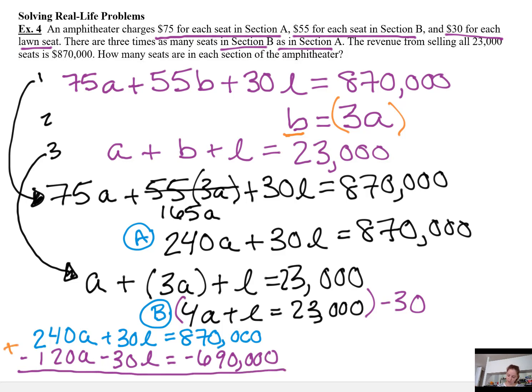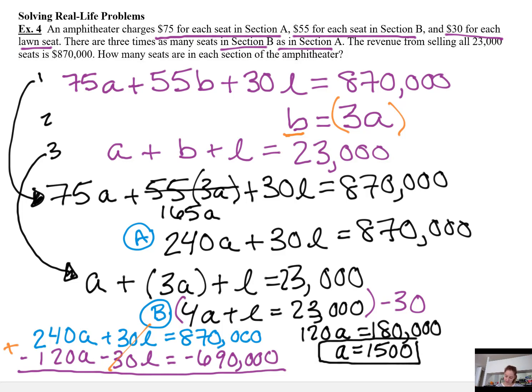Now when I add these equations, I eliminate the L, and I get 120A equals 180,000. Divide both sides by 120, and A equals 1,500. So the number of seats sold in Section A is 1,500.